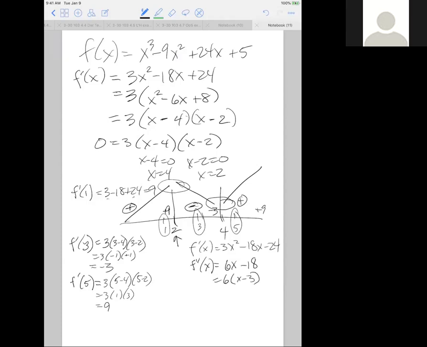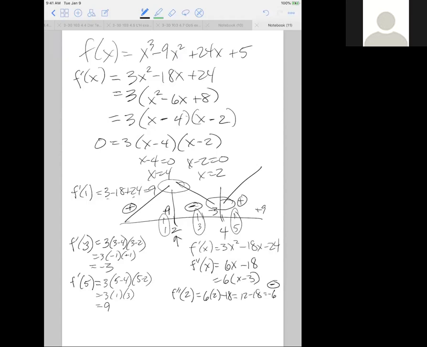So notice what the rule says. Take the critical value, plug it into the second derivative. The critical values were 2, which gives us 6 times 2 minus 18, which is 12 minus 18, which is minus 6, which means it's got a local max because it's negative.